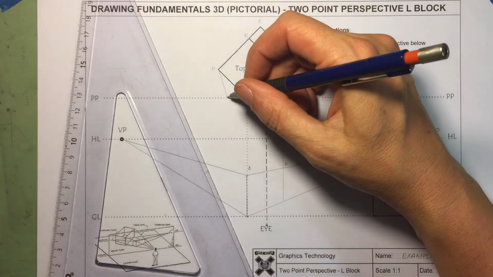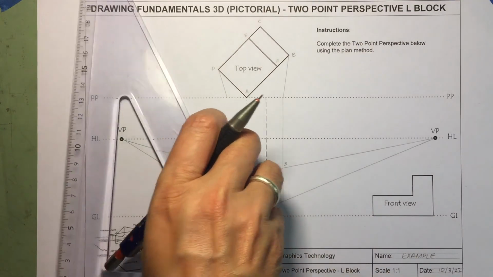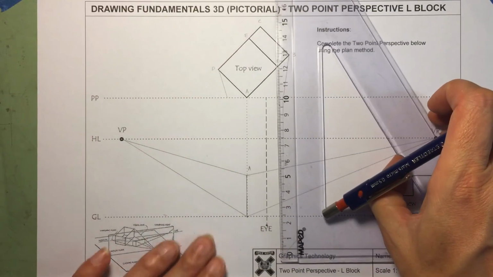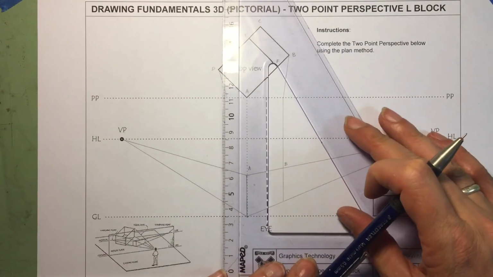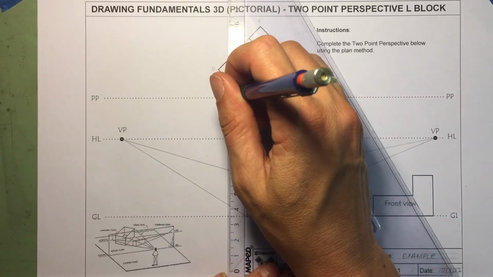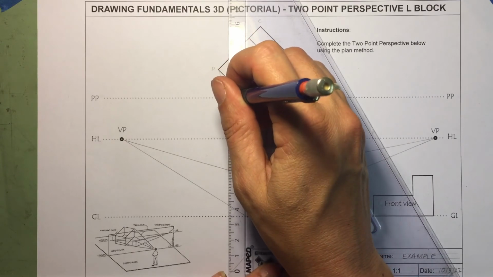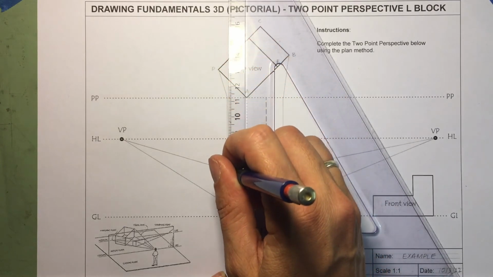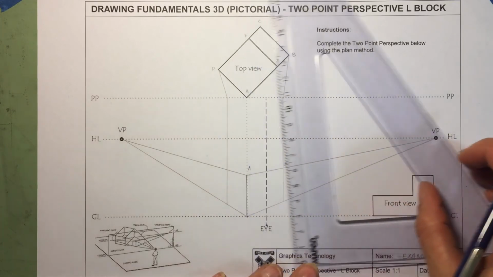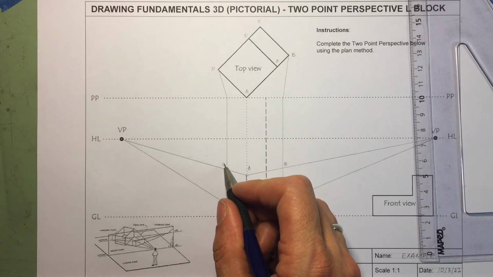Okay, and you need to see where it hits the picture plane because that's important. And then we take our T-square and set square, and we drop that straight down into our shape, we have D.